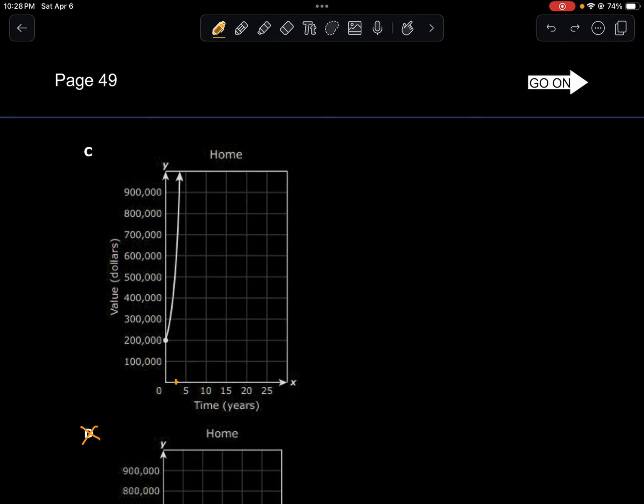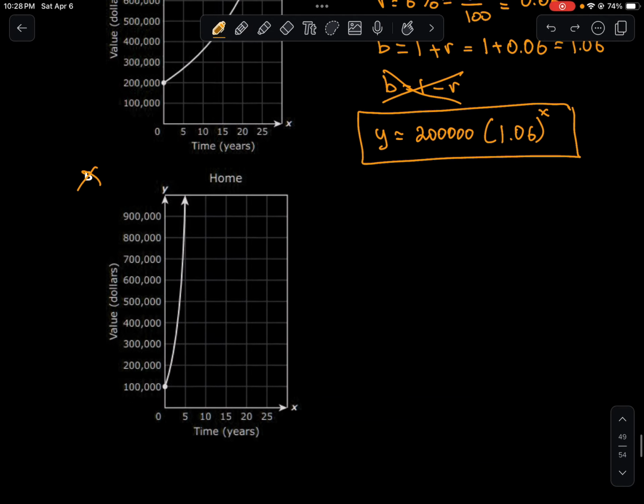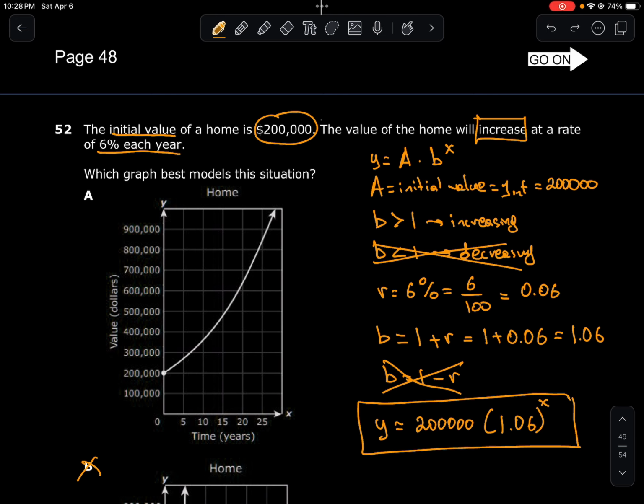That's not very realistic. This one is a little more realistic: within 5 years, going from 200,000 to 260,000 is probably more realistic than becoming 3 times more within 2.5 years. So I would say A, but I have the function, and I'm going to plug it in and see what my graphing calculator thinks about this.